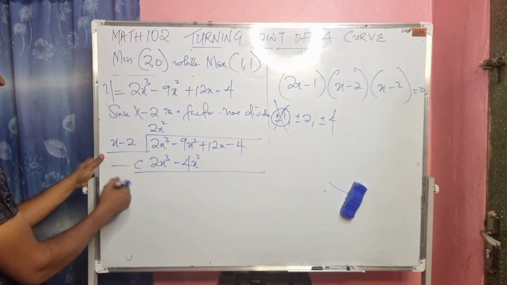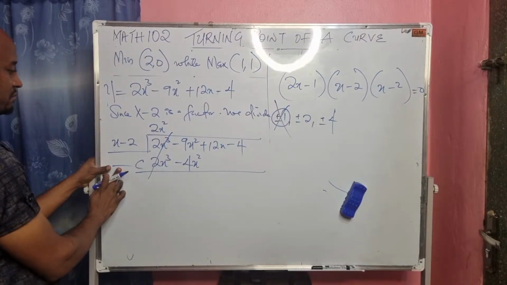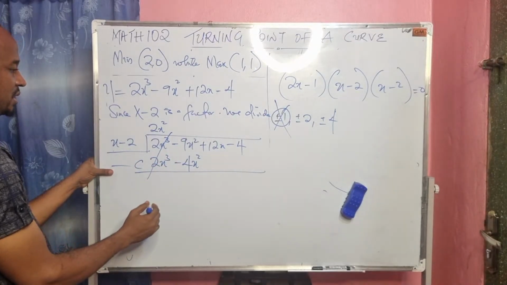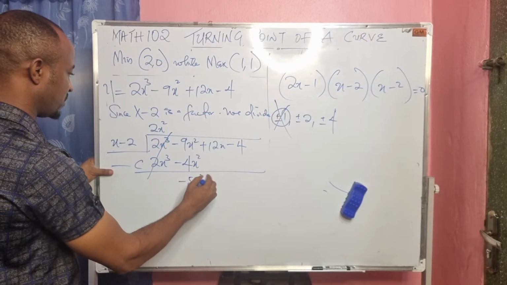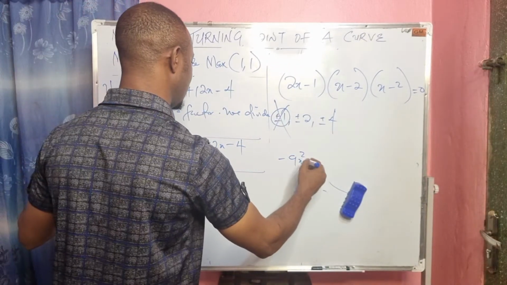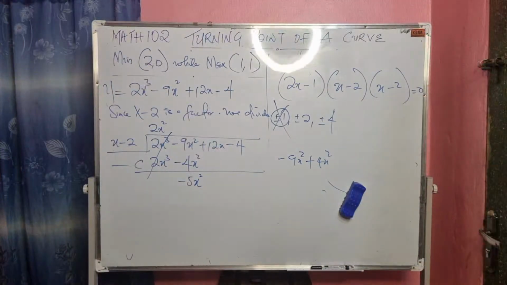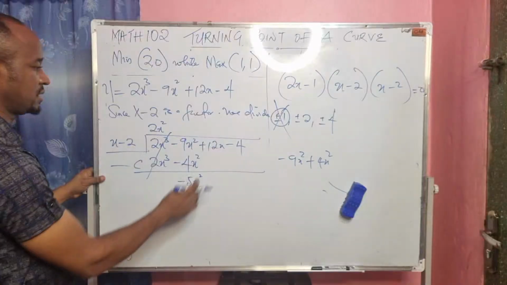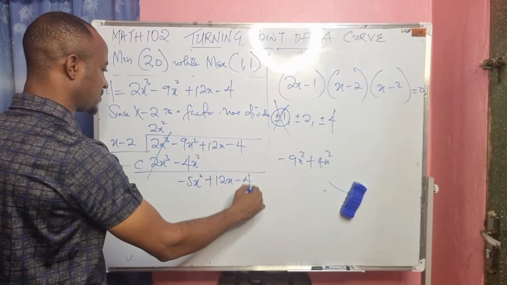So we subtract, right? Minus 9x squared minus minus 4x squared gives minus 5x squared. So this will come down as plus 12x, then minus 4.